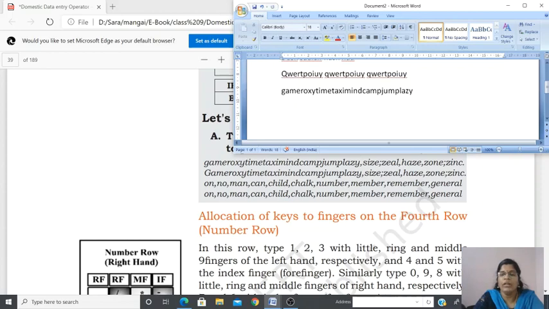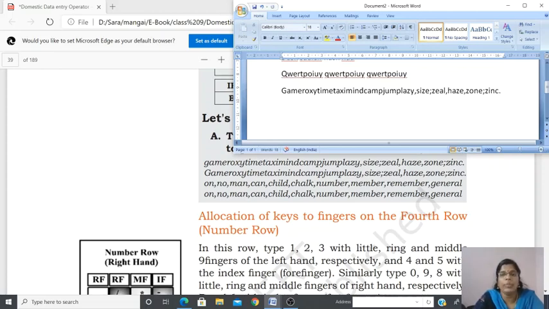ZY, comma, right fingers you have to use, comma, then SIZE, semicolon, ZEAL, comma, HAZE, comma, ZONE, semicolon, ZINC. Okay, I'm not looking at the keyboard, I'm just looking at the screen at what is written.